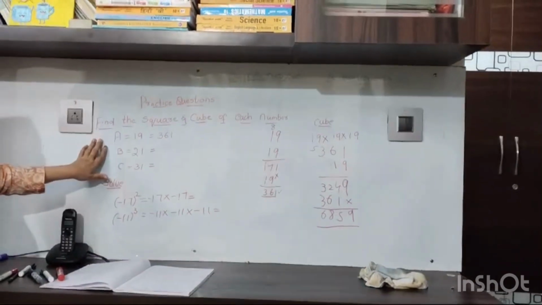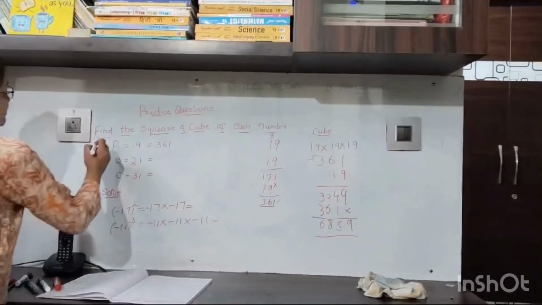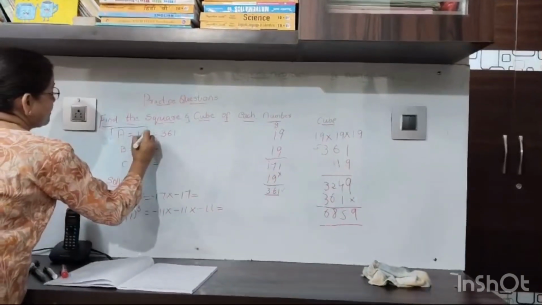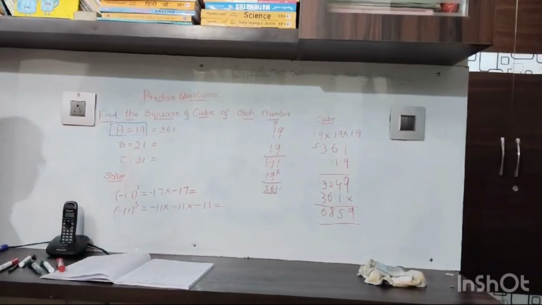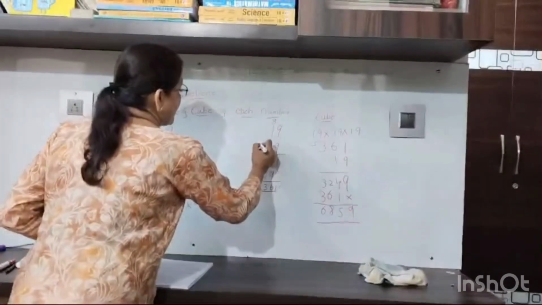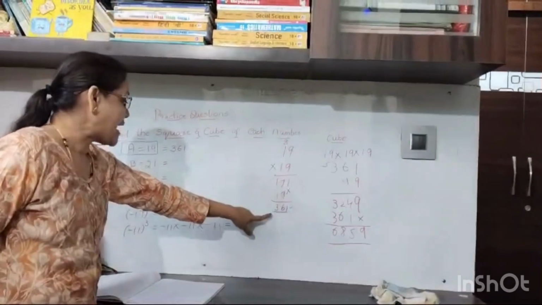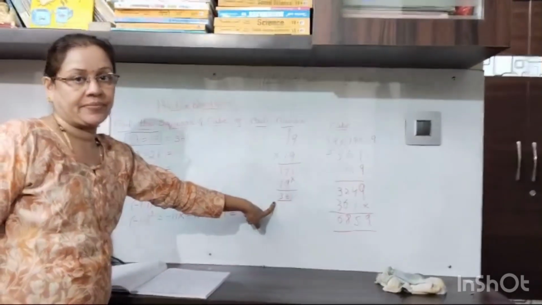One more question is, find the square and cube of each number. In that, the first question is A is equal to 19. To find the square of that number, you multiply 19 into 19. So, the answer is 361.